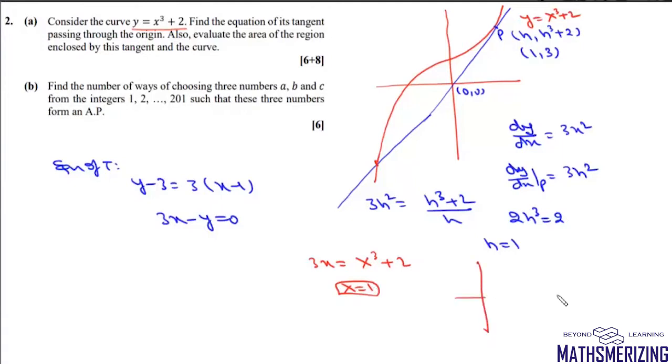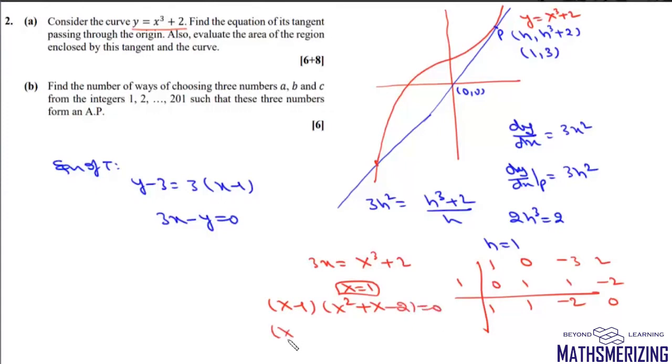If we use synthetic division, we can write 1, 0, minus 3, 2, and this is 1. So this is 1, 1, minus 2. It will be minus 2, 0. So if we factorize it, we'll get x minus 1 and then x square plus x minus 2 equals 0. So it will be x minus 1 and then x plus 2. x minus 1 equals 0. So either the value of x is 1 or the value of x is minus 2.